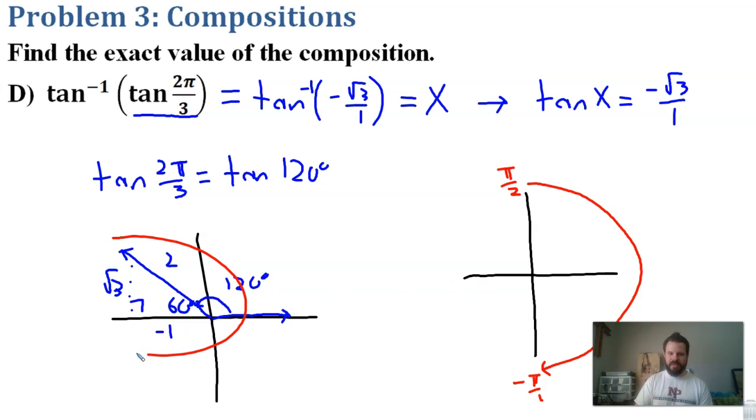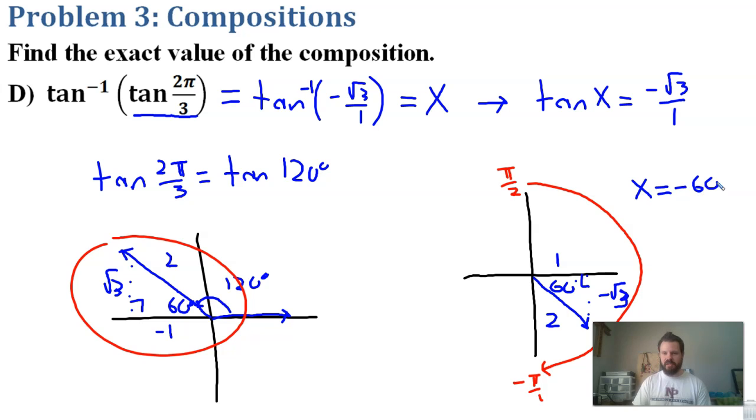Okay, I can't be in this second quadrant. I can't have an answer here. I've got to make my answer in the fourth quadrant. So I run out of room here. So opposite negative root 3, adjacent 1, hypotenuse 2. This would be my 60 here. So really what we're talking about is that x is equal to negative 60 degrees, or x equals negative pi over 3 if I convert that.